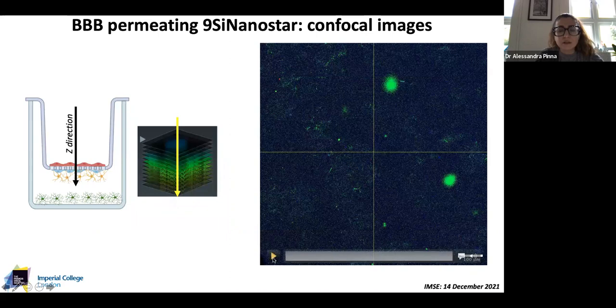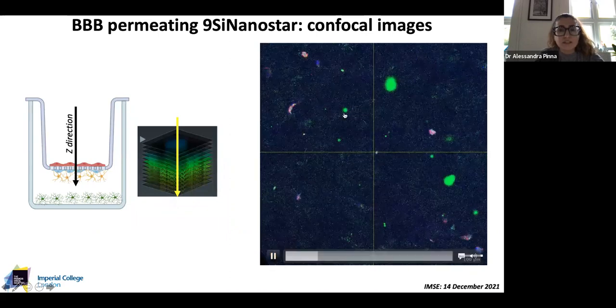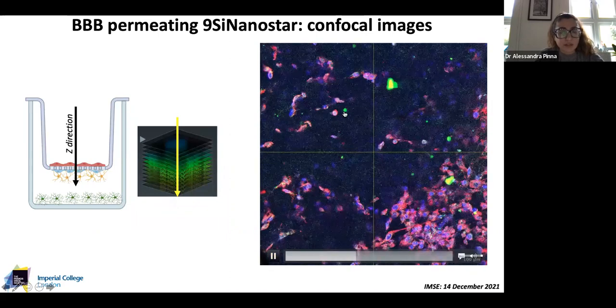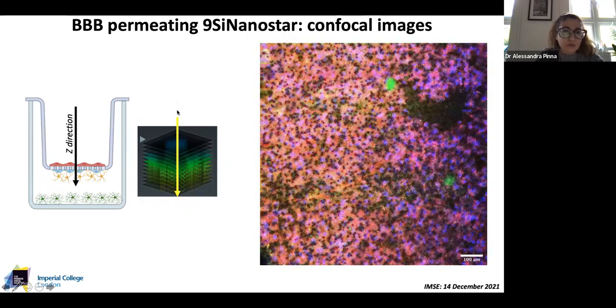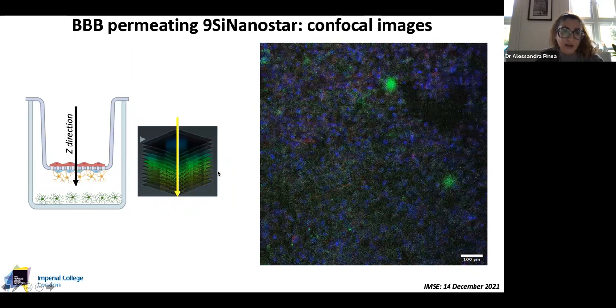In this confocal video, you can see that our particles are in green because they are functionalized with FITC. And we do a z-stack. So we acquired different images at different z positions, going from the top part to the bottom part of the membrane.